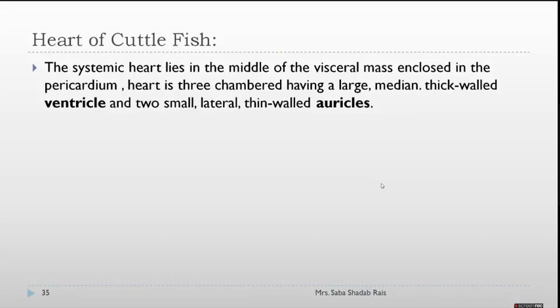Now when we talk about the chambers in the heart, the sepia has three chambers. How many chambered heart do we have? We have the four chambered heart. Now see, with evolution, compartmentalization of the heart has taken place. When you observe the lower organisms, you will find a few organisms that do not have any compartment in their heart.